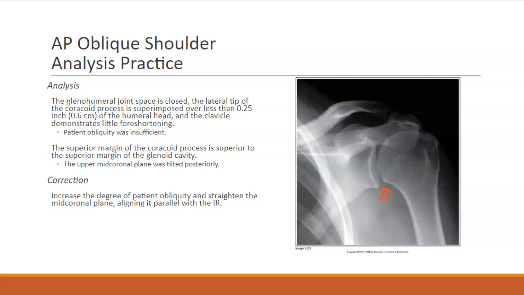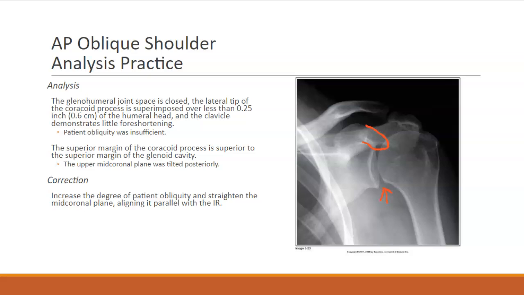When looking at the coracoid process and its relationship to the humeral head, it is in insufficient torso rotation. How I know this is that less than 1/3 of the coracoid process is superimposing the humeral head here. So we need to increase rotation to open that joint space.